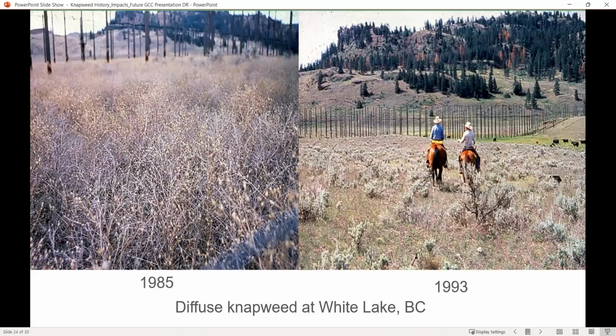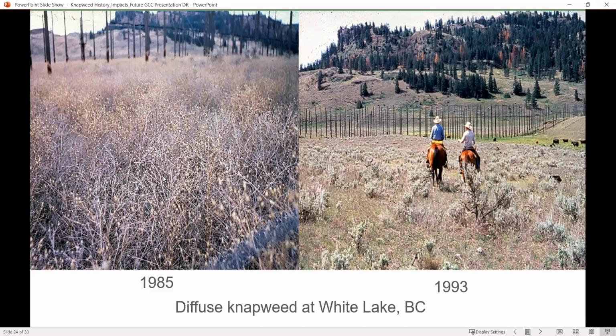This is diffuse knapweed at White Lake, which is south of Penticton, down by the Dominion Radio Astrophysical Observatory. These are all of the antennas for the observatory. You can see diffuse knapweed here on the left in 85.